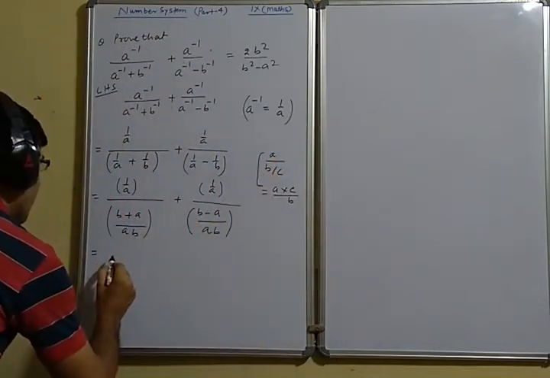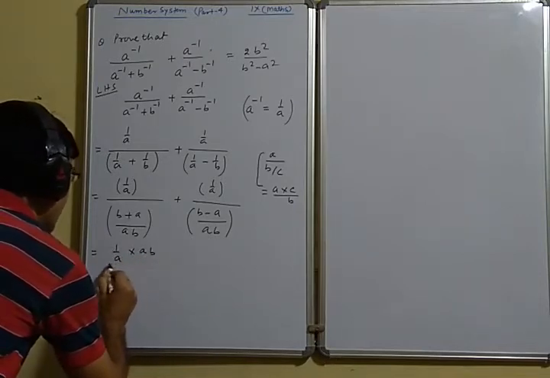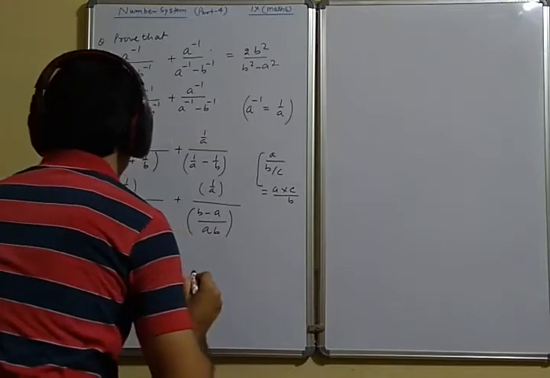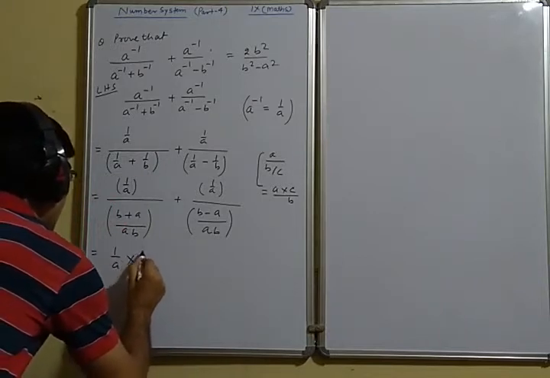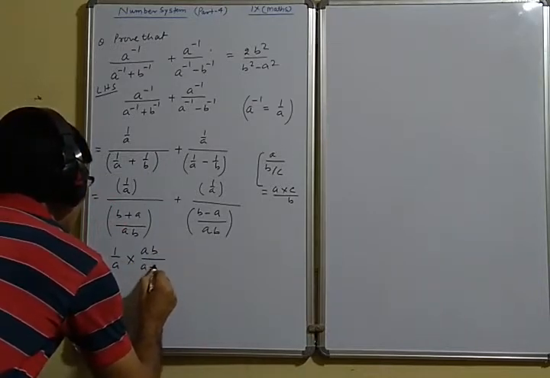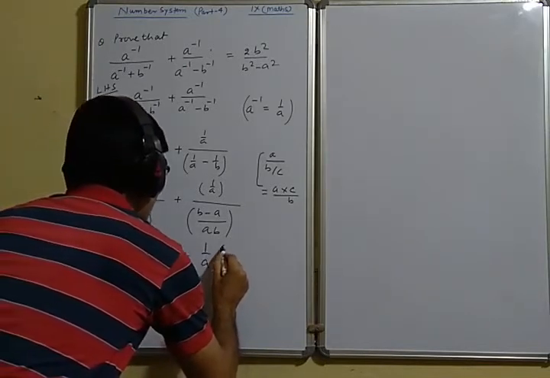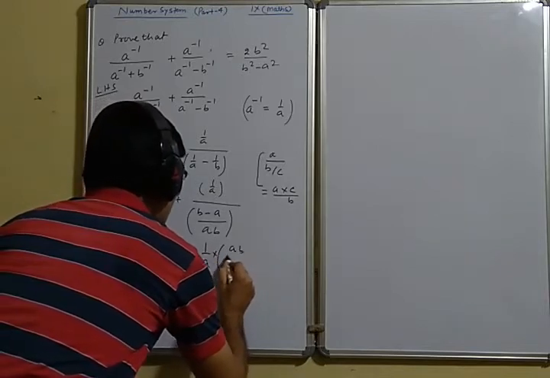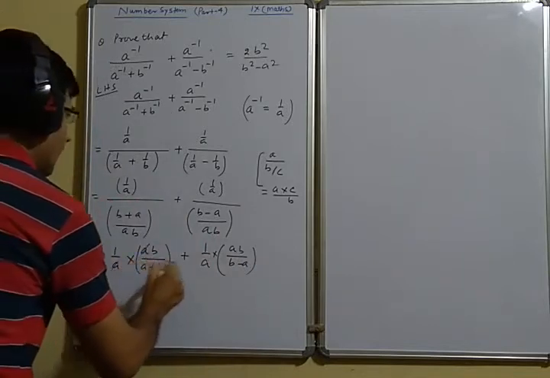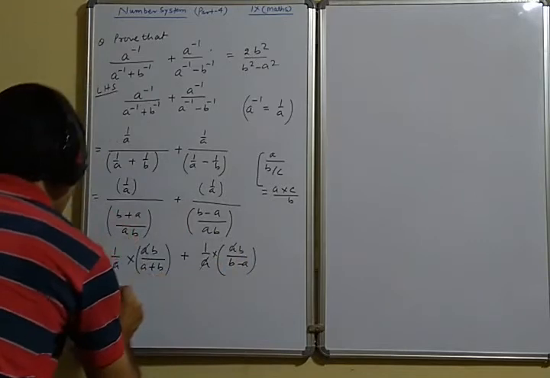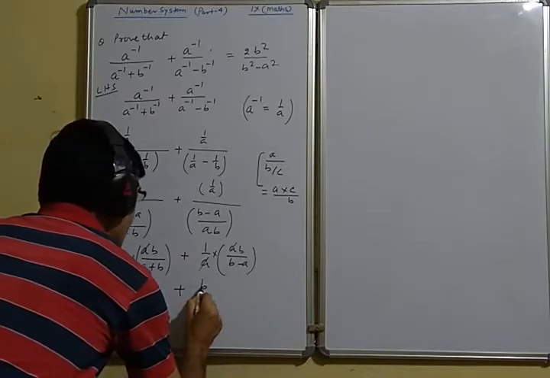So it becomes 1 upon a multiplied by ab divided by a plus b, plus 1 upon a multiplied by ab divided by b minus a. A cancel out. A cancel out. So this becomes b upon a plus b upon b minus a.